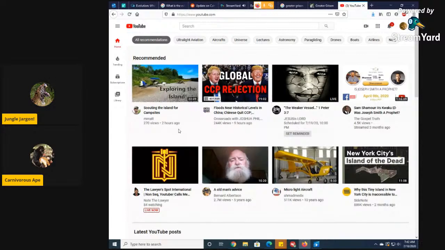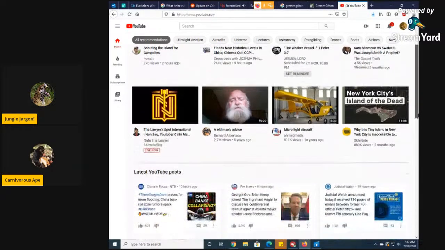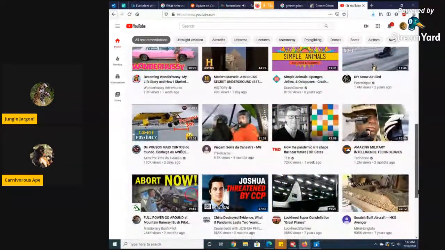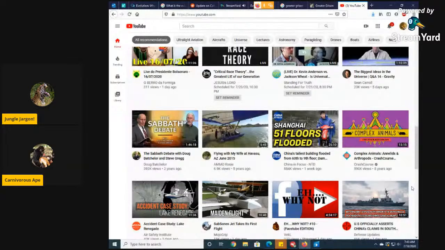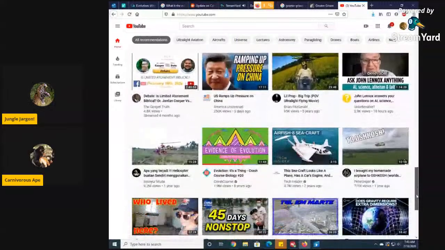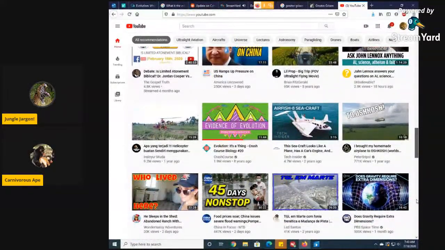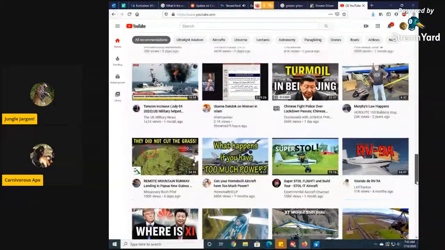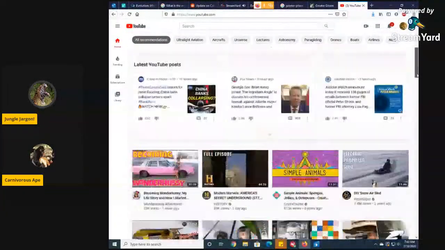So we got some ultralights here. What else we got here? Did you know they made the Corvette with a mid-engine? It's a mid-engine car now. No, the Corvettes now, they're making them mid-engine cars.